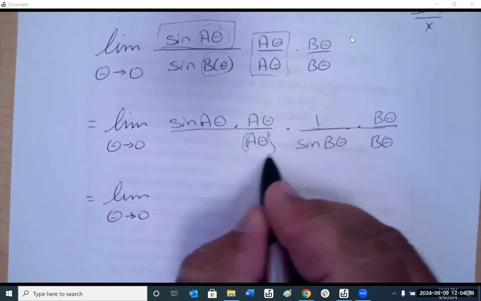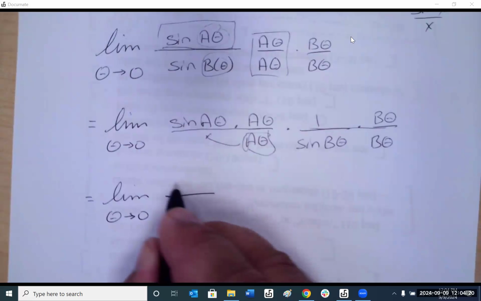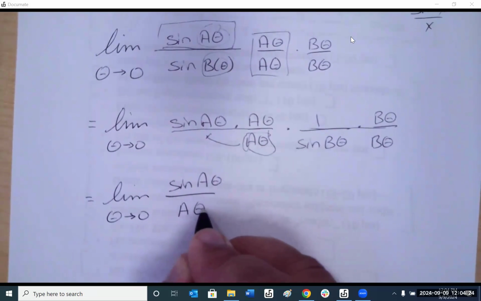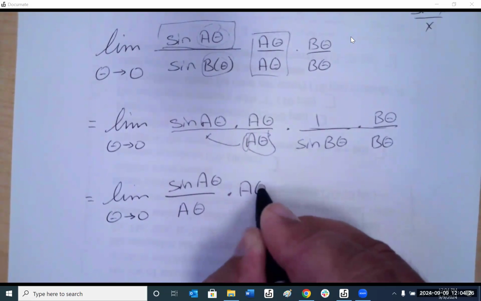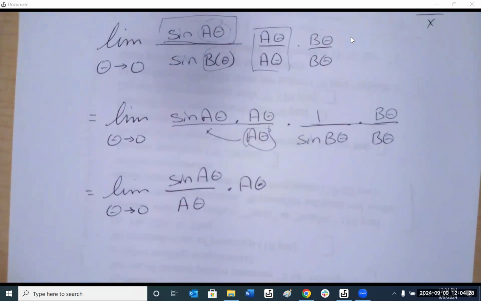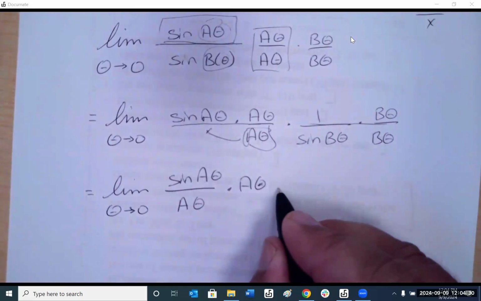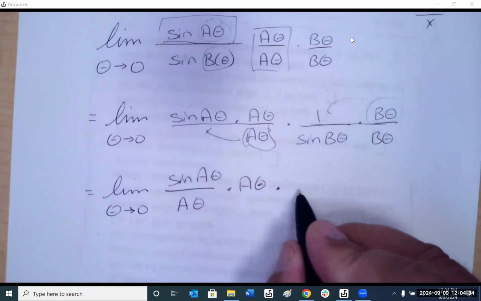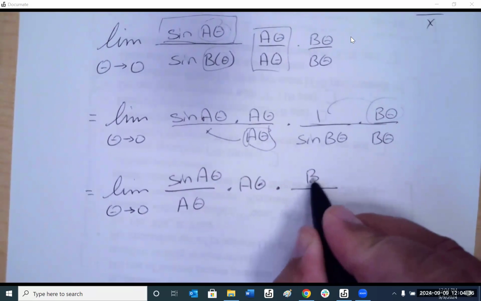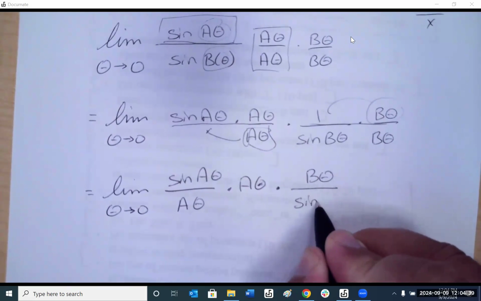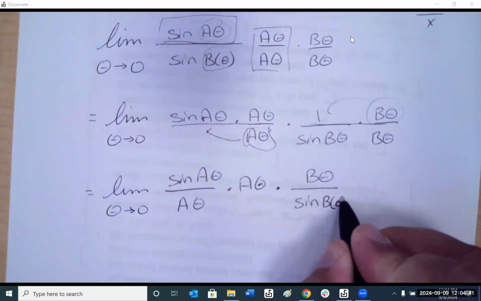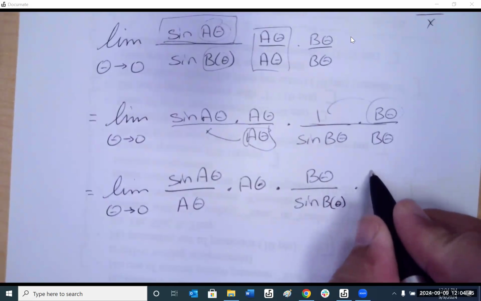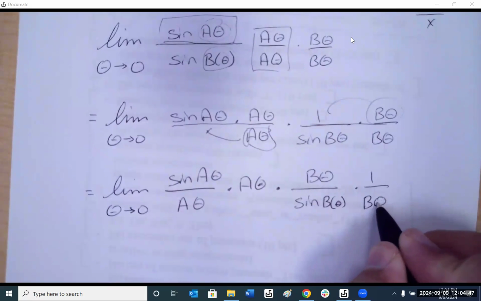So I can take this one and put it under here. So I have sine A theta over A theta times A theta, and I'll move this one, B theta over sine B theta times 1 over B theta.